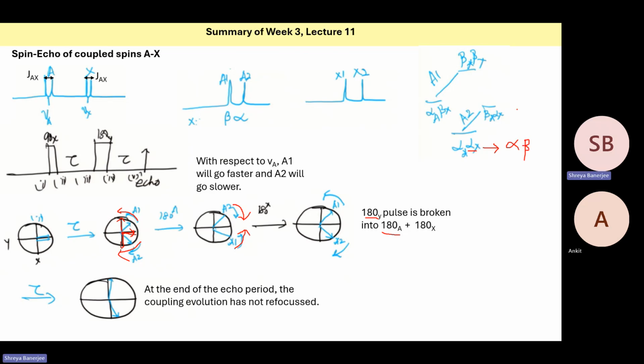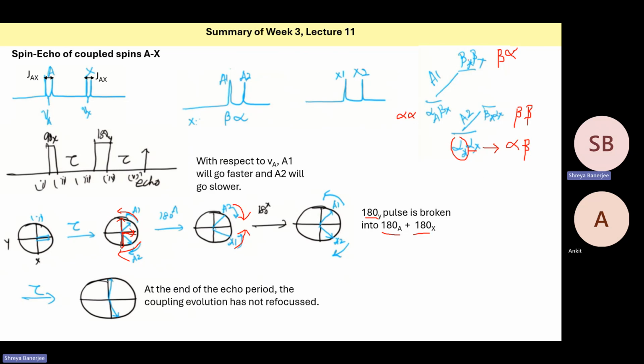So this will become beta beta, this will become alpha alpha, and this will become beta alpha. So in the energy state, you keep the alpha A the same, and the alpha x you flip from alpha to beta and beta to alpha. That is what 180x means.